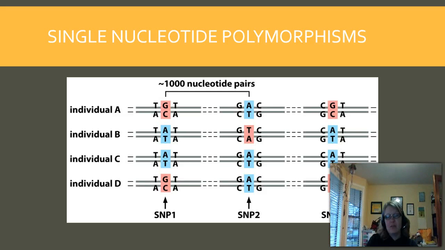And this may help us identify the genes that might be involved. So that's what's important about that aspect of it: it's one more tool that allows us to look for these larger, more complicated diseases. But single mutations can also help us find simpler genetic diseases where a single mutation causes the disease. So that's another aspect of single nucleotide polymorphisms.